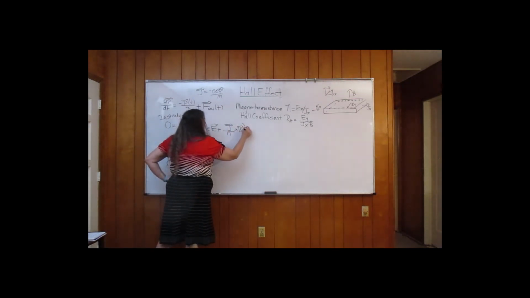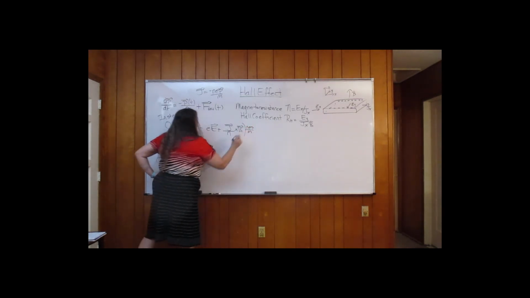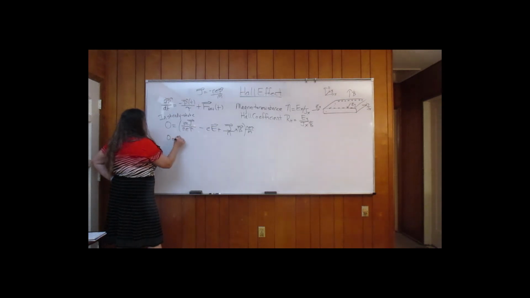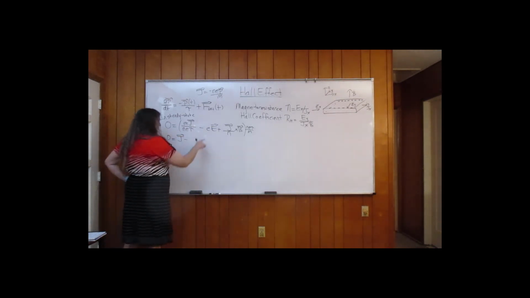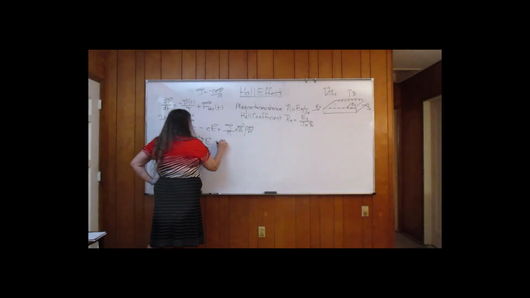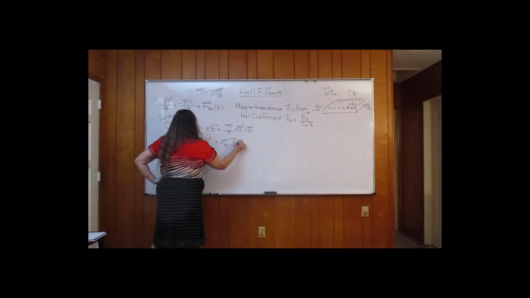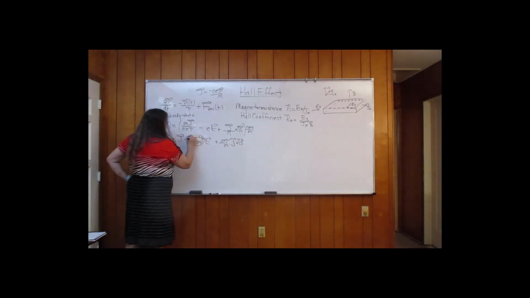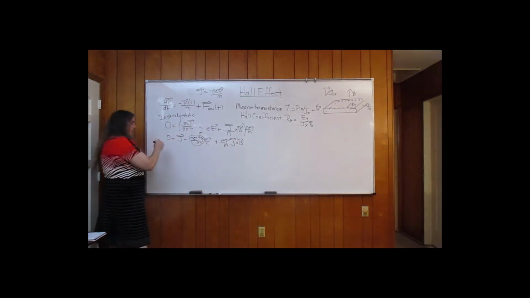Multiply through every term by ne tau over m, so we get rid of that factor out in front. ne squared tau over m is just the conductivity. I'm going to move the electric field term over to the left-hand side.